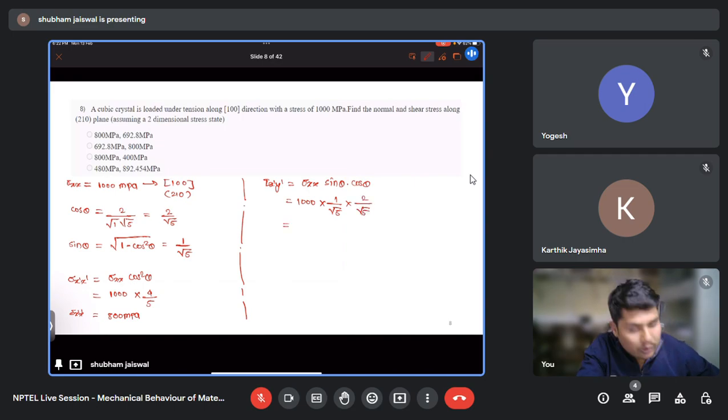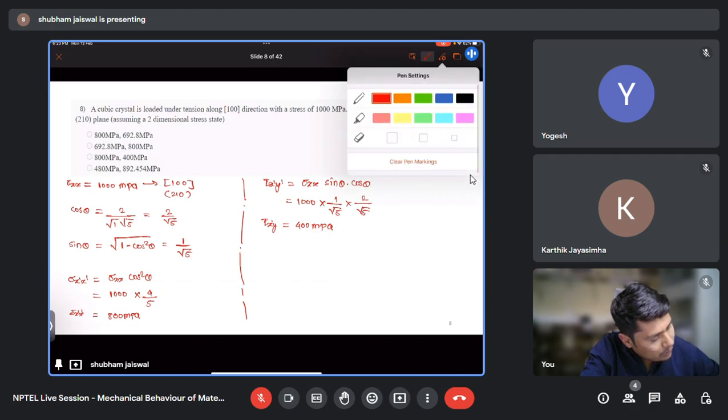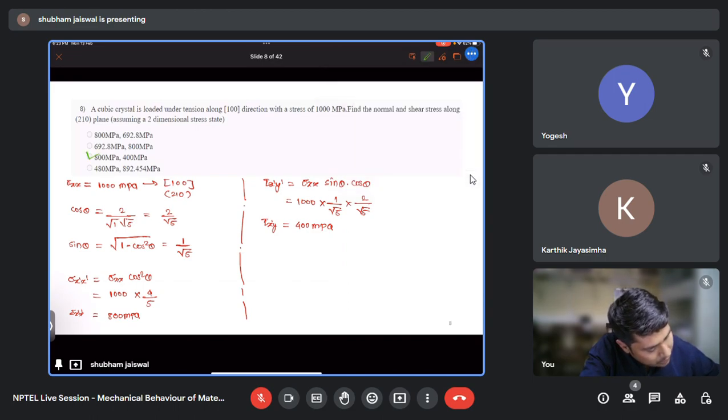So it comes out to be tau x prime y prime, 400 MPa. So the option that is matching with this one is the third one, that is 800 and 400 MPa.